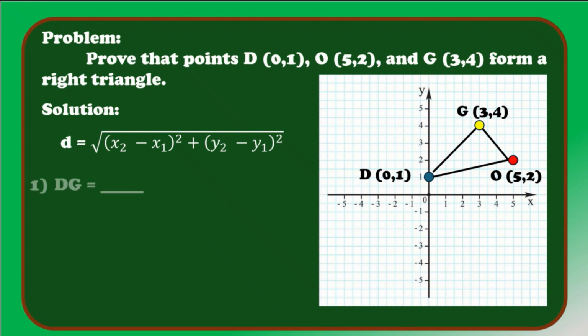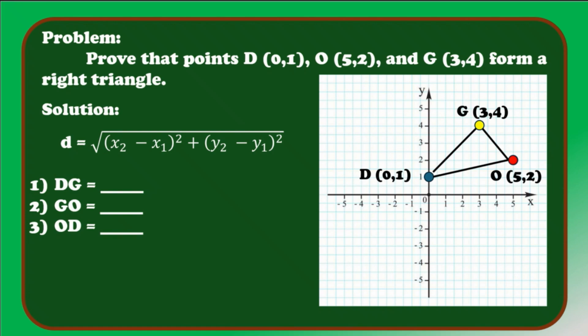We're going to look for the measurement of DG, that is from point D to point G, then GO from point G to O, and lastly, number 3, from O to D, which is line segment OD.